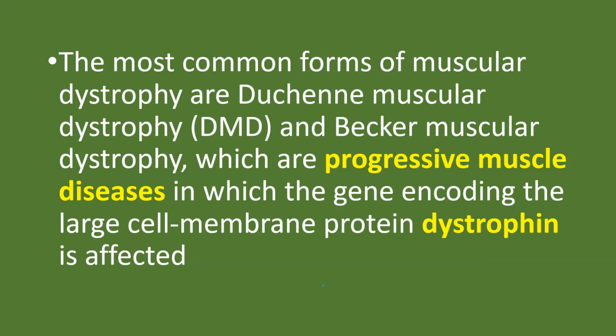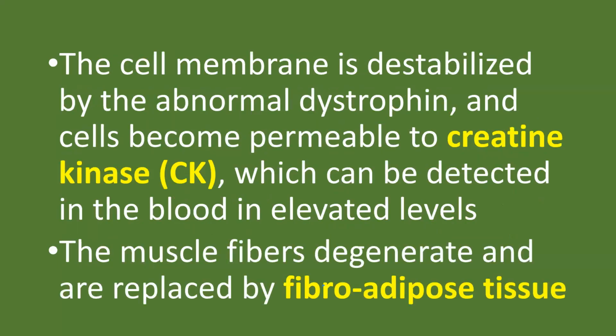I repeat, it's a progressive muscle disease in which the gene encoding the large cell membrane protein dystrophin is affected. So what happens? The cell membrane is destabilized by the abnormal dystrophin. And what does this cause? The cells become permeable to creatine kinase, which can be detected in the blood in elevated levels.